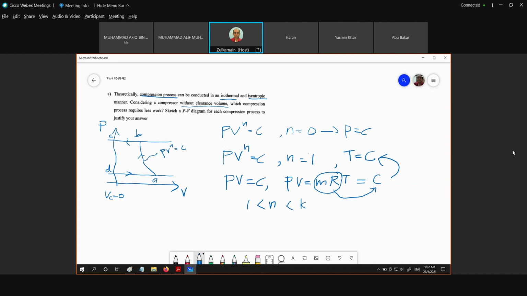Where K is equal to Cp over Cv. Ini yang K ni yang dikatakan sebagai kita punya isentropic process. Bila kita katakan PV power of K equal to constant, this is called the reversible adiabatic compression, which is also referred to as the isentropic compression.